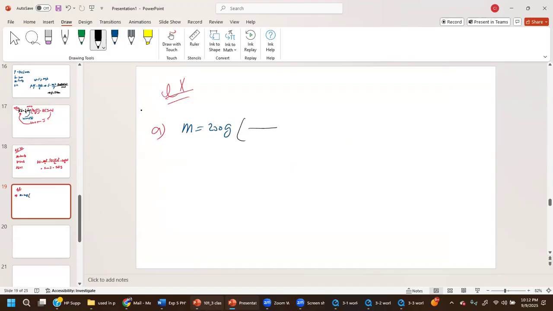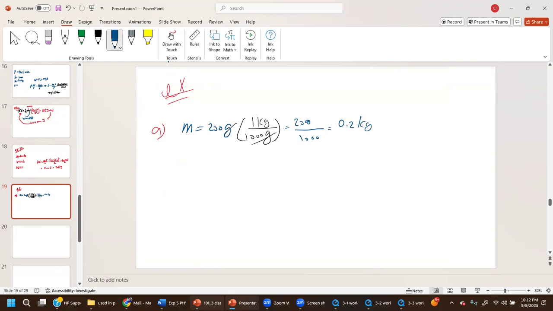And you say 1 kilogram is 1,000 grams. So this is going to equal 200 over 1,000, which is going to equal 0.2 kilograms.